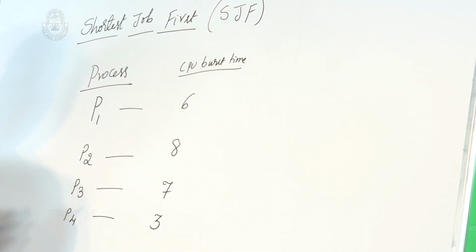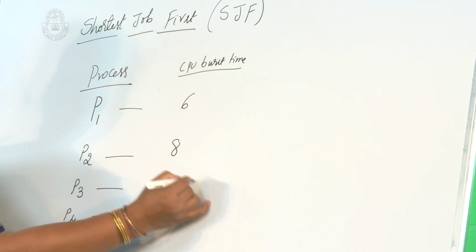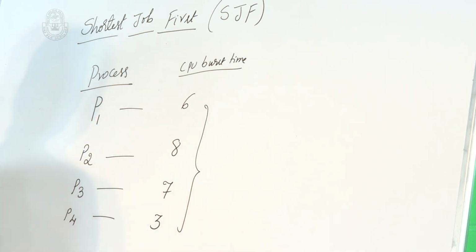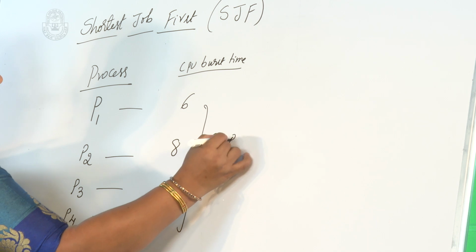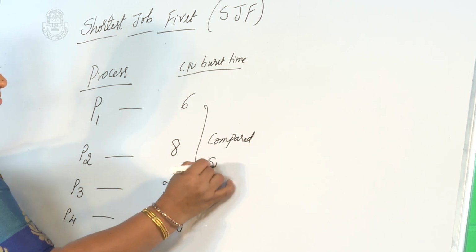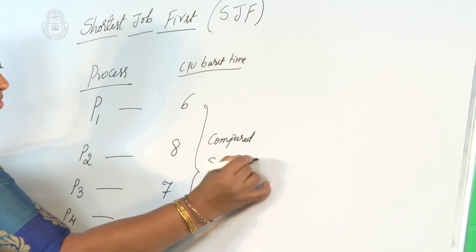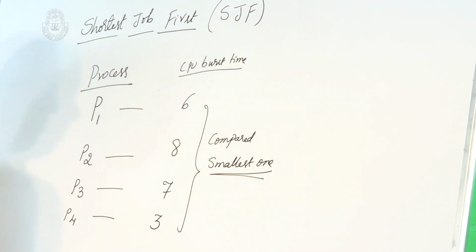So here the CPU burst time of all these processes are compared, and the smallest one is chosen first.